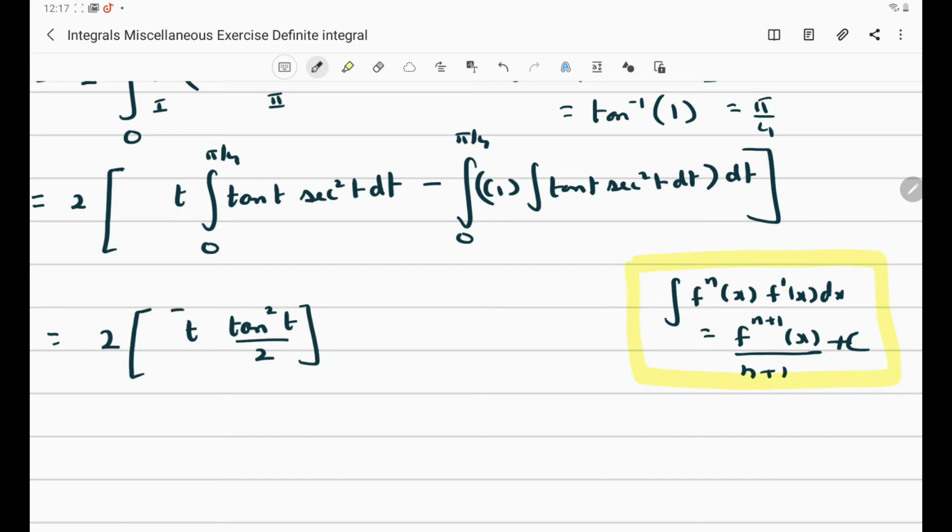Minus, so we can put this pi by 4 and 0, minus integral 0 to pi by 4, we can write it as tan square t by 2 dt.